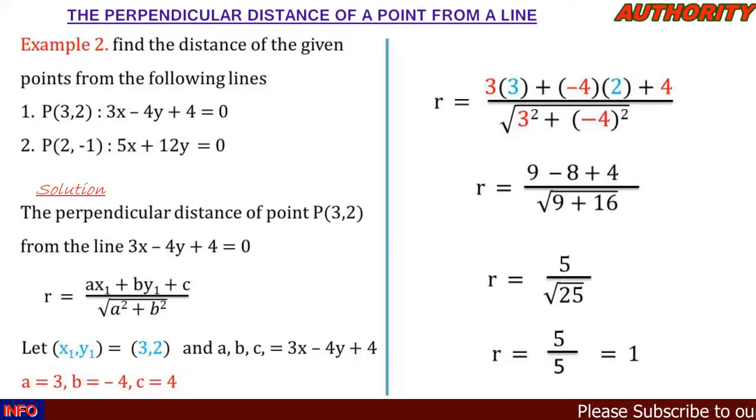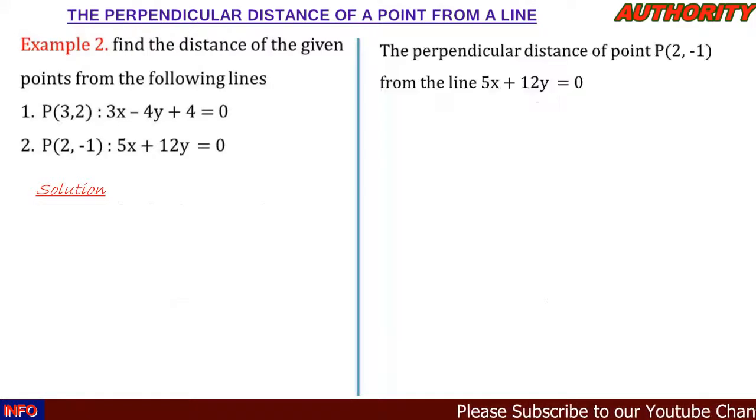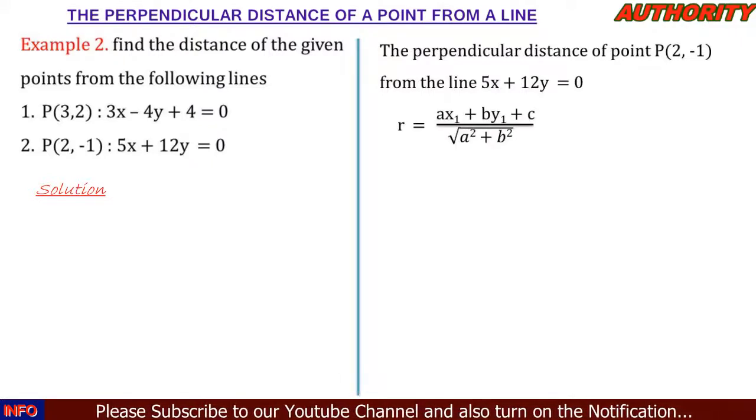All right, let's consider the second. The perpendicular distance of the point 2, minus 1 from the line 5x plus 12y equal to 0. Now let's go. Our formula, we have r is equal to ax1 plus by1 plus c all over square root of a squared plus b squared.